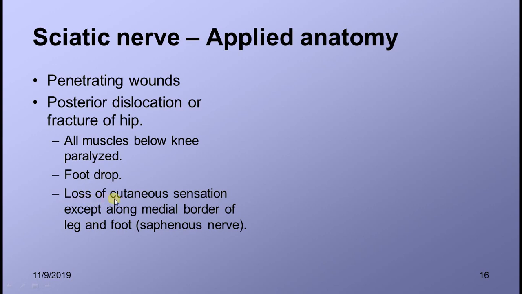Then there is loss of cutaneous sensation in the leg, except at the medial border of the leg and foot because of the saphenous nerve. So mainly you can expect paralysis of muscles below the knee joint and foot drop.